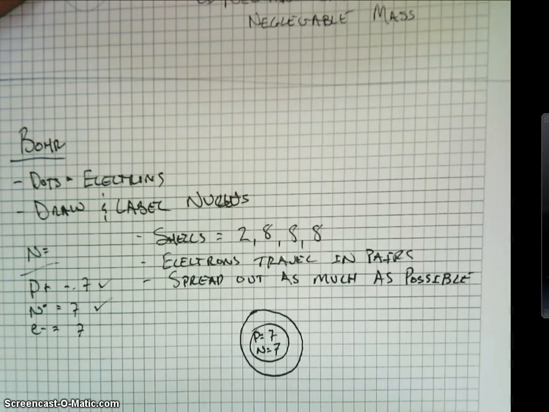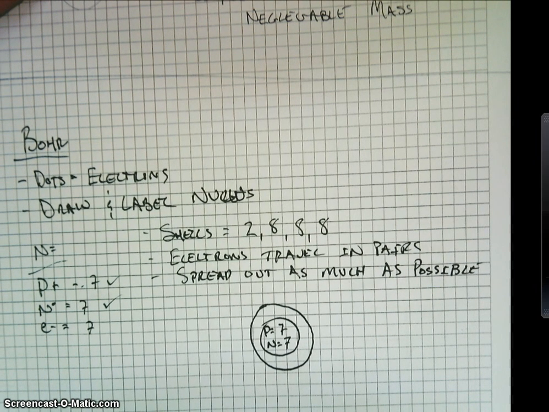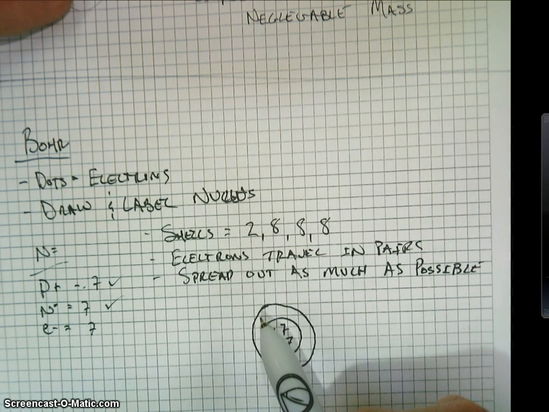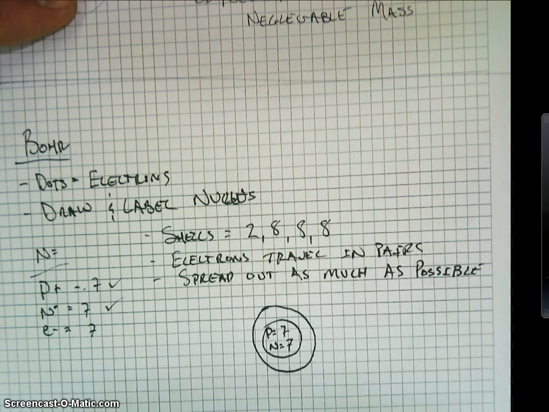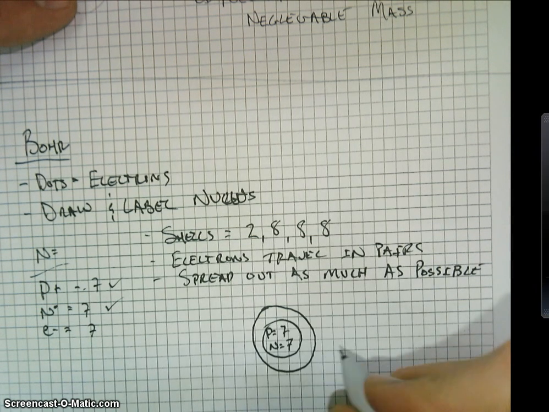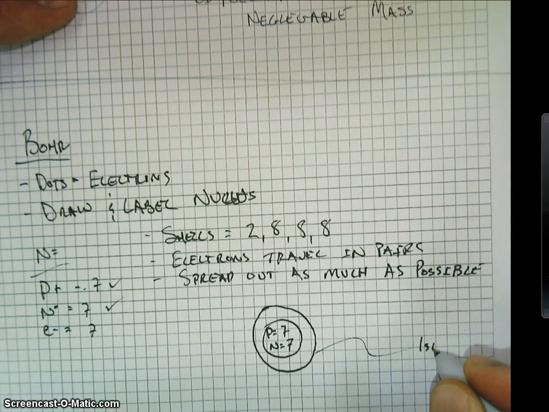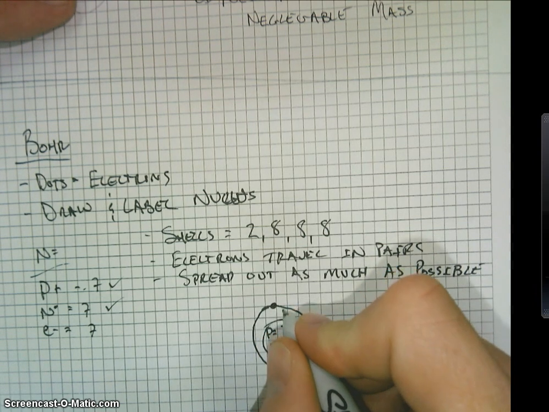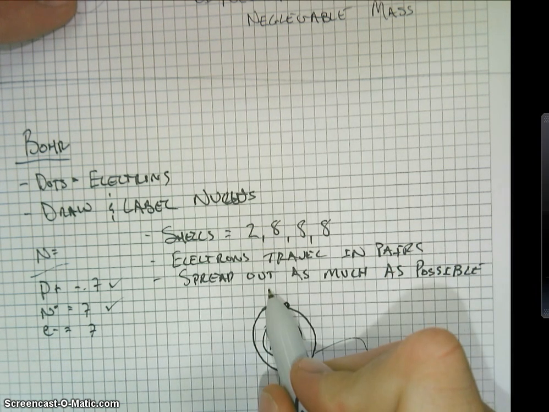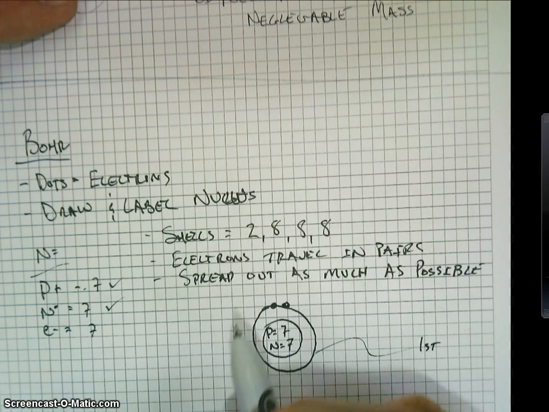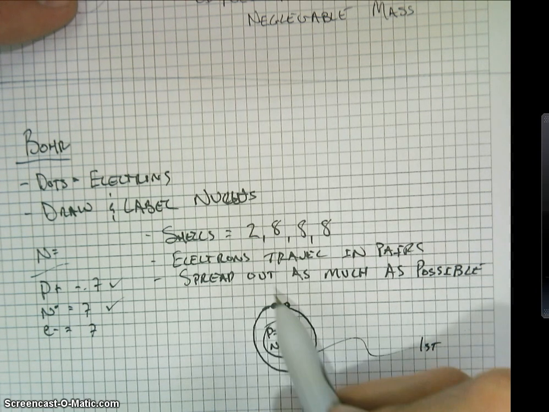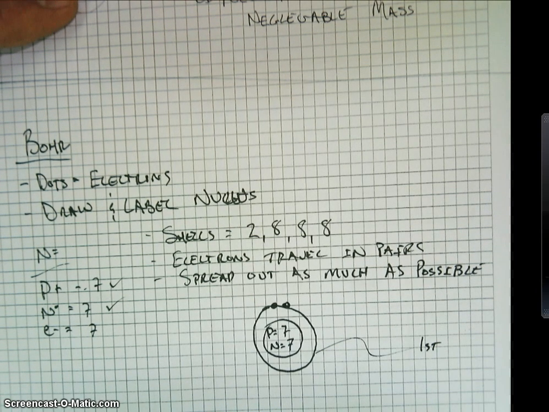I wrote down they spread out as much as possible. In our example here, nitrogen, my first shell, shell number 1, can only have 2 electrons in it. 1, 2. I drew them as a pair because they travel in pairs. If I were to draw a second pair in here, or even a third electron, they would be as far away from this as they possibly could.